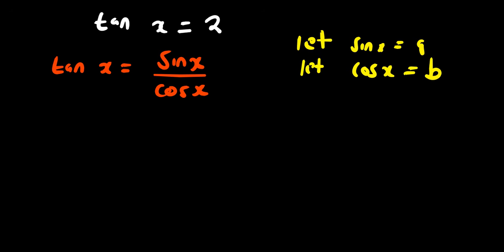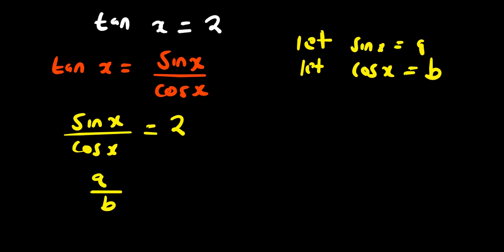We are saying tan x is the same as sine x over cos x, so sine x over cos x is equal to 2. Since we've let sine x be a and cos x be b, this will be a over b is equal to 2. If you make a the subject of the formula, a is equal to 2b.